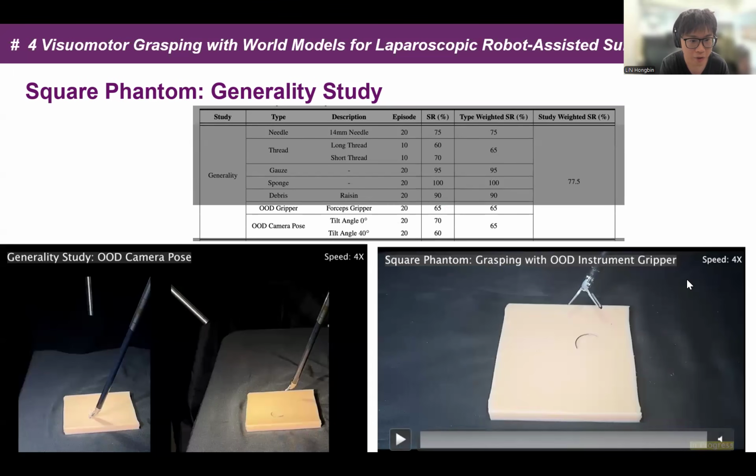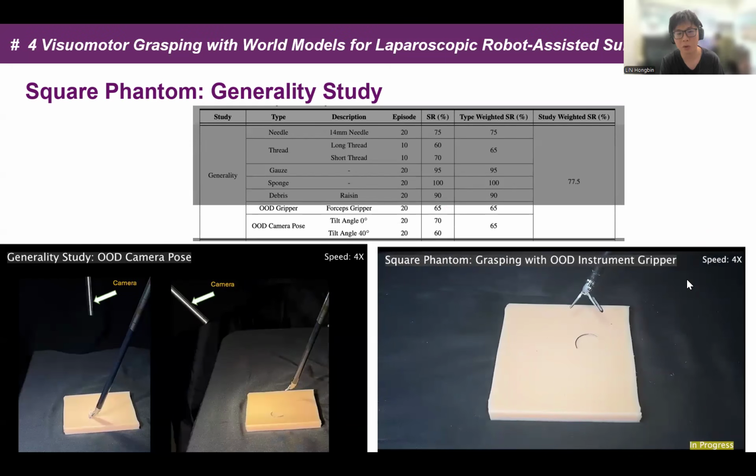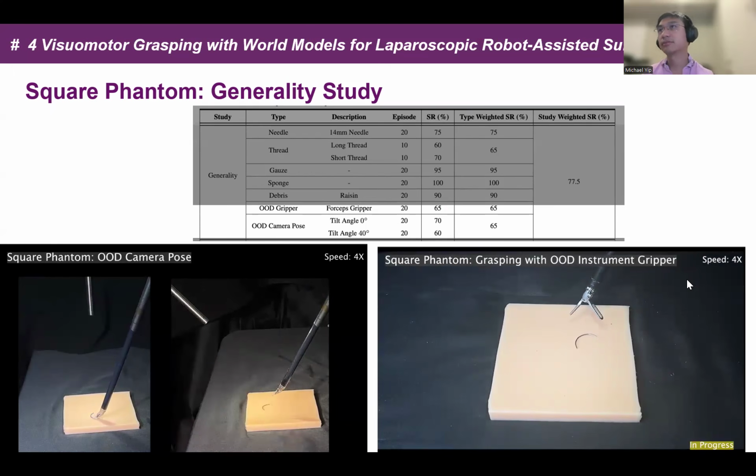We haven't extended to the bimanual setup yet, but we have evaluated on out-of-distribution instrument grippers like the forceps. It showcased the generality.